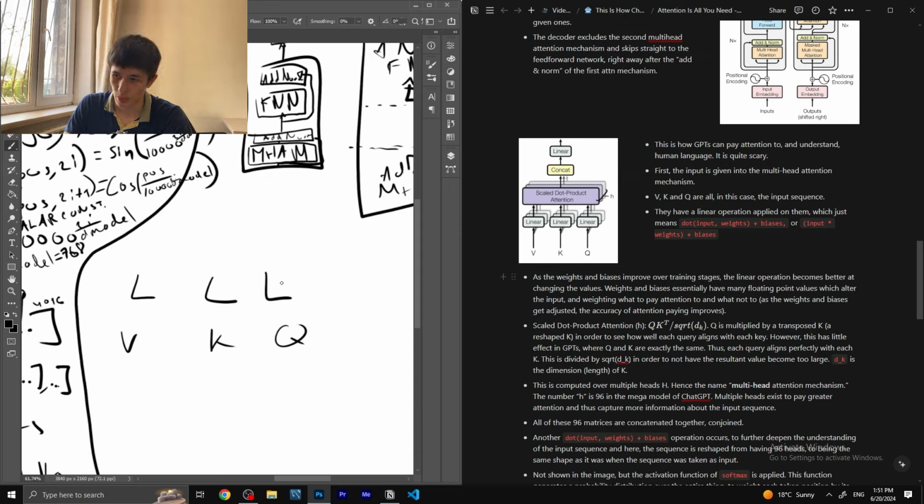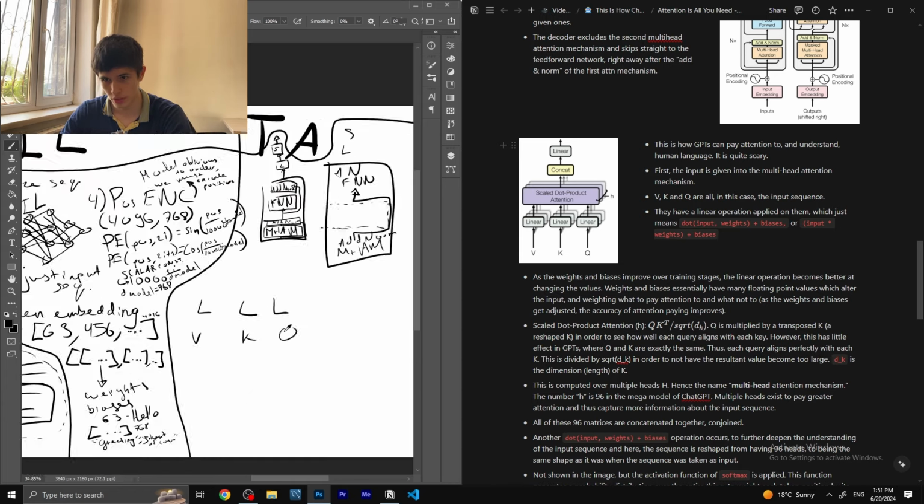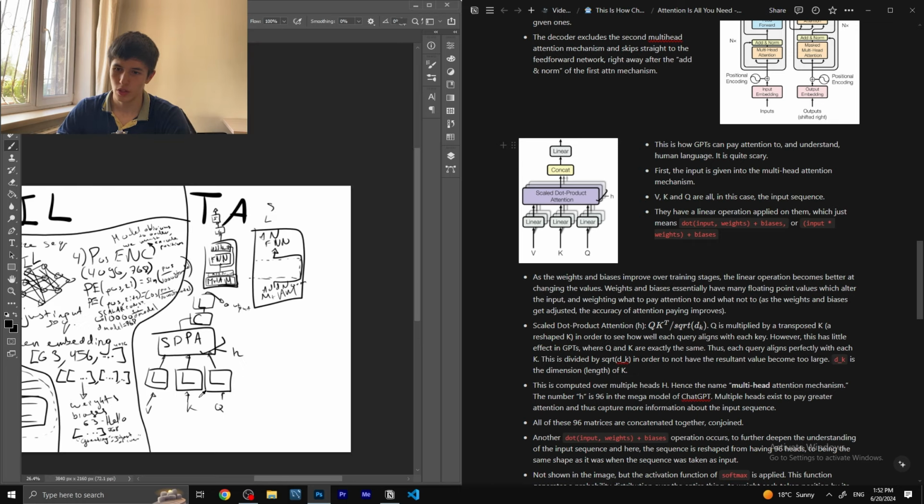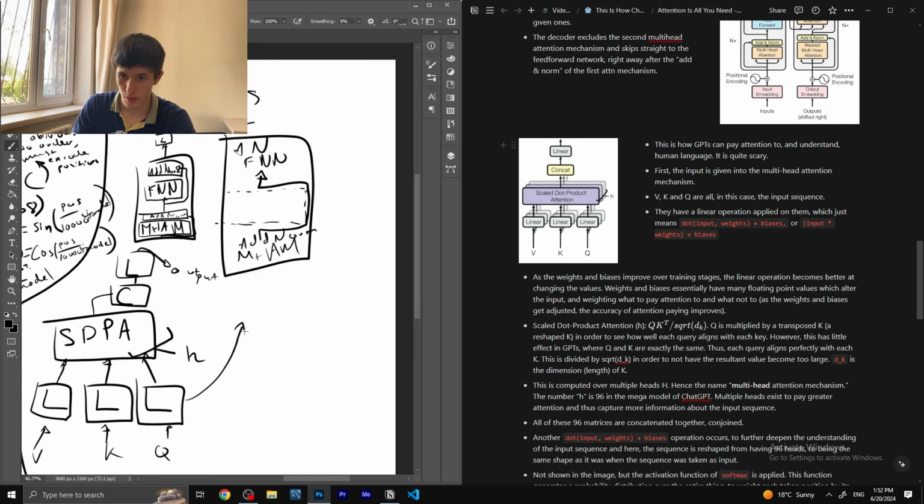So first of all, the linear operation. By the way, if you hear that there's a linear operation, let's take this piece by piece to explain it properly. We have V, K, Q. Now the linear operation, essentially it's just dot input, weights plus biases.